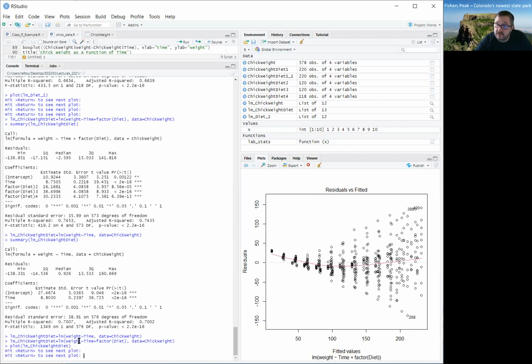I would be a little disturbed by the fact that we get this big residual for time 0. For the smaller fitted values, so the lower weights, the average residual appears to be non-zero. So that actually is not a good sign of a model. I'm not very happy with that.